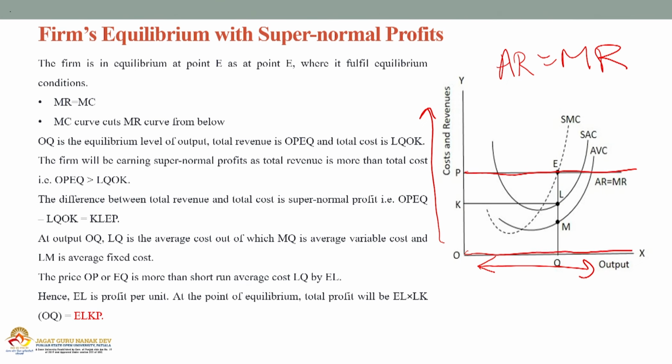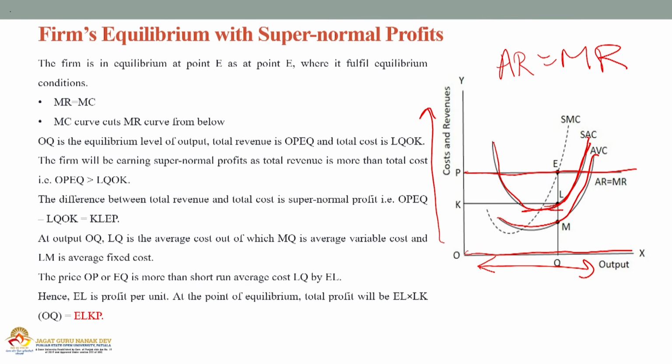This is average cost curve, which initially goes downwards, reaches to its minimum, then after this minimum point goes on increasing. Then is average variable cost. Again it follows the same rule, followed by short-term average cost.